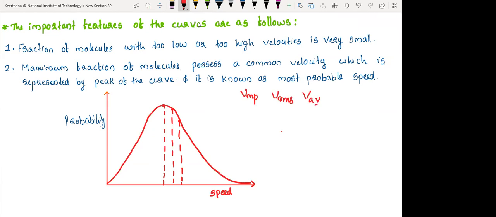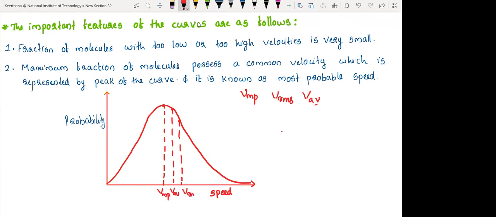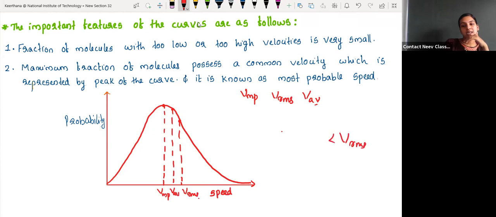The first one will be VMP, the second one will be V average, and the third one will be VRMS. As we know the order, VRMS is greater than V average, which is greater than VMP. And VMP is the velocity which corresponds to this peak, which contains the maximum fraction of molecules.